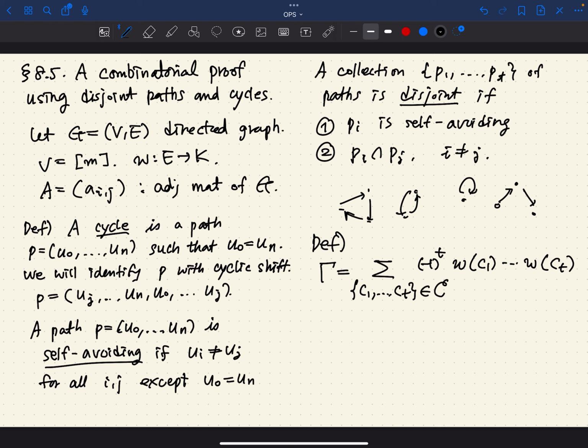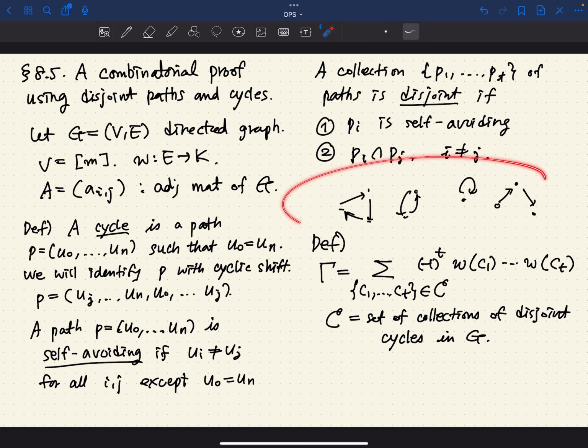And this C is the set of all collections of disjoint cycles in our graph G. Just imagine that.